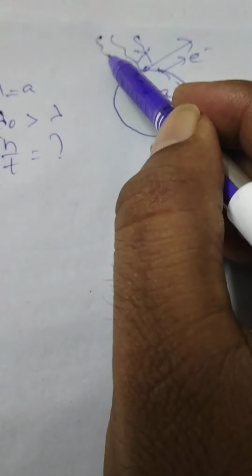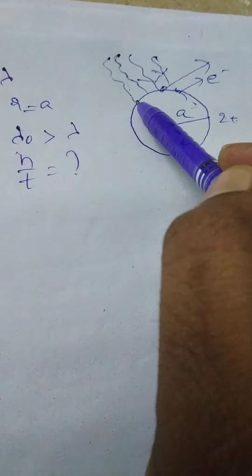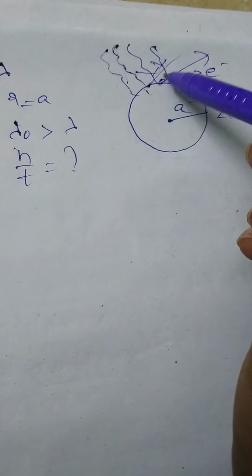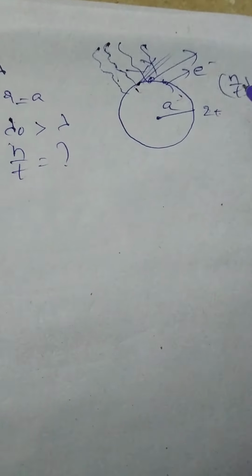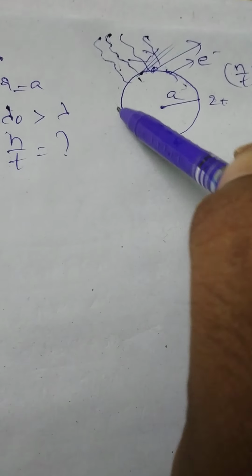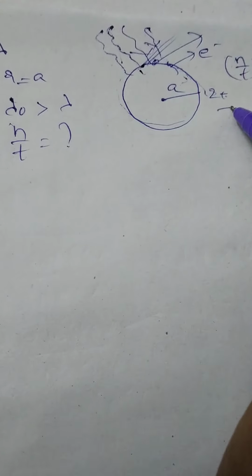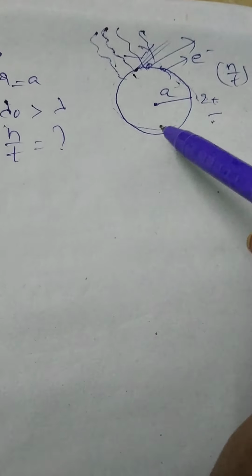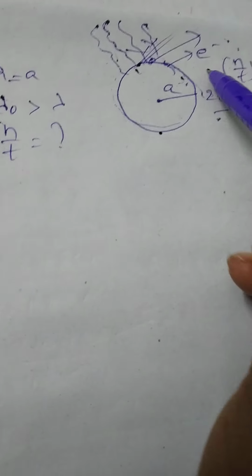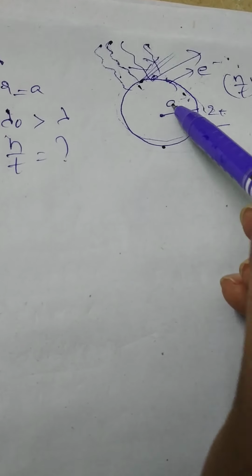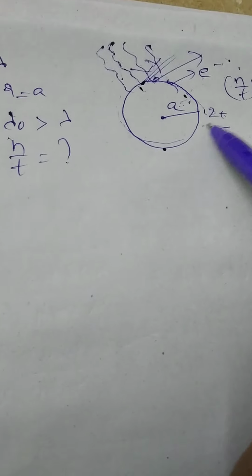Like this, the number of electrons emitted keeps increasing, so that the number of positive charges on the sphere is also equal to n. At that moment there is no further emission of electrons because the emitted electrons are completely absorbed by the existing positive charge.